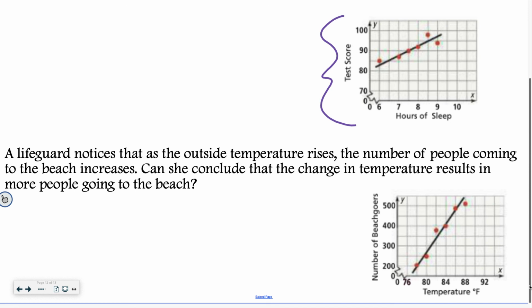It could be hot out, but what if it's storming? There aren't going to be as many people at the beach. So the change in temperature isn't the only thing that impacts the number of people at the beach. So this would be another example of a relationship that is not causal.